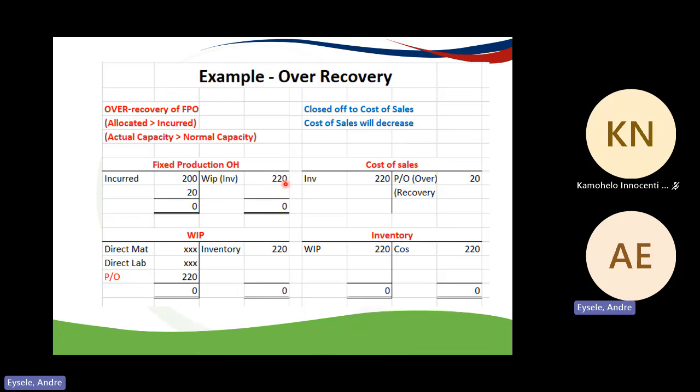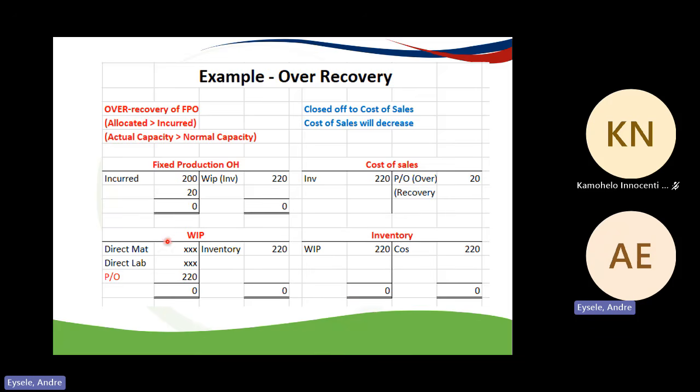Don't worry about these general ledger accounts, I'm just explaining here. Your fixed production overhead costs incurred is 200. That's the invoice. But we allocated 220 during the year because as we manufacture products, we make a unit and allocate 10 Rand to that unit. Coming towards the end of the year, we have allocated to products 220.